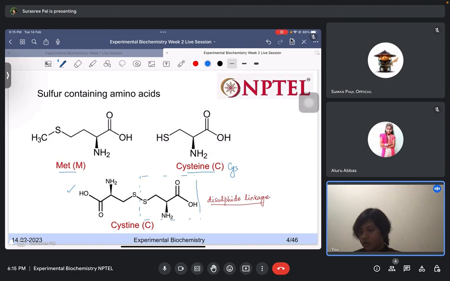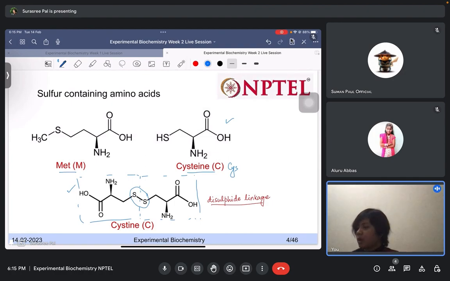If you look at this structure, this is one cysteine molecule and this is another cysteine molecule. So 2 cysteine molecules are joined together by the disulfide linkage, which is this one. So that forms a cystine. And please don't confuse, it is not a peptide structure. It's not a peptide bond, but rather it's a disulfide bond.